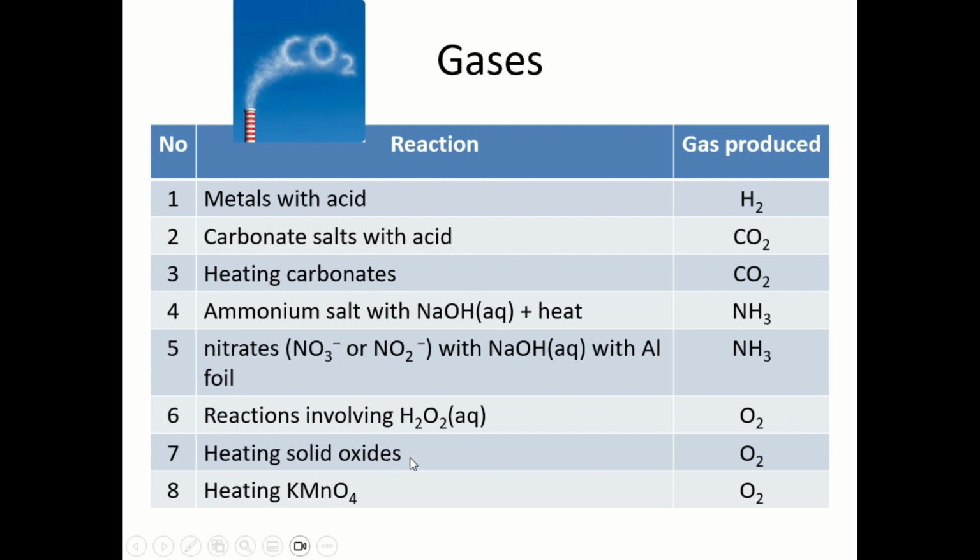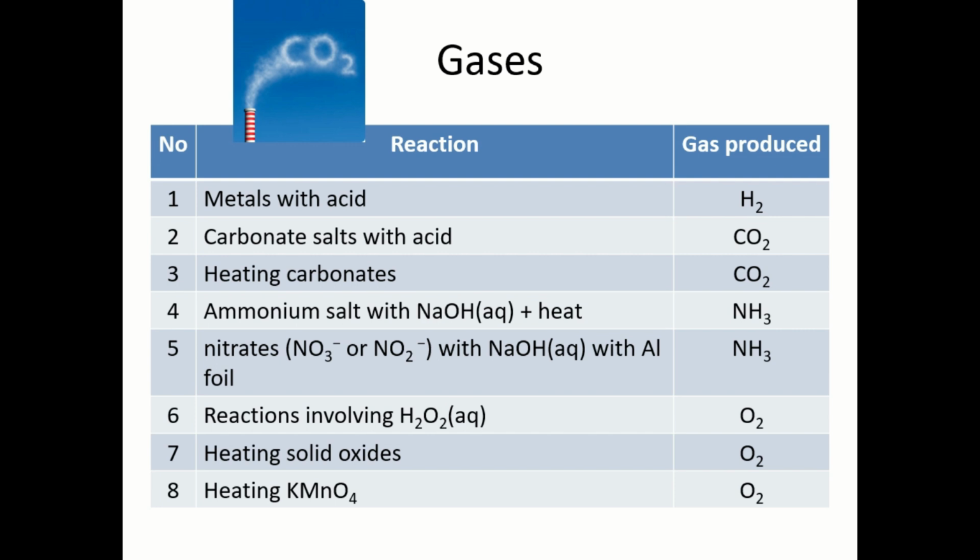relighted. Solid oxides also will produce oxygen, because in oxides the anion will be oxide ion. So heating it could oxidize the oxide to oxygen. Now another compound that is recently quite popular, which is solid potassium manganate 7. Okay, heating solid potassium manganate 7 will also produce oxygen.